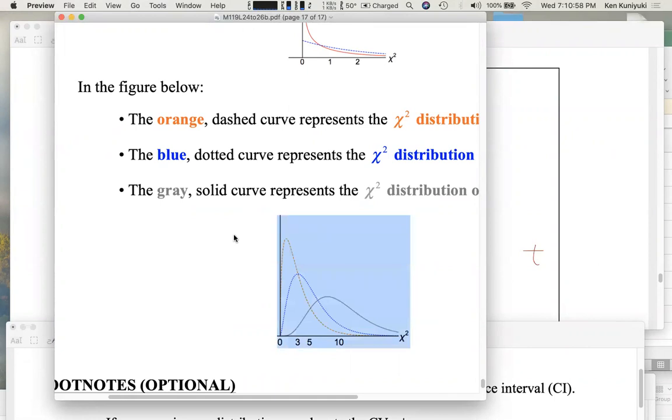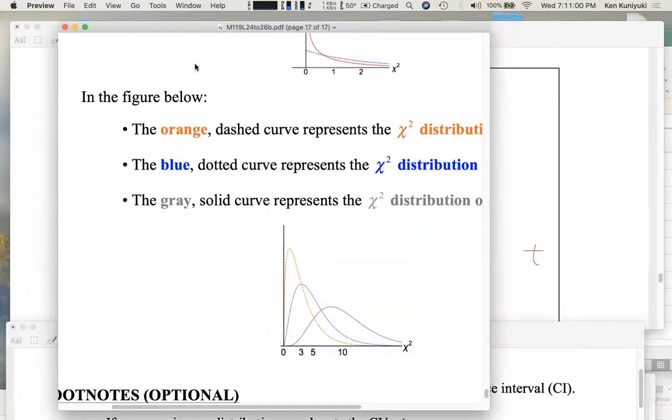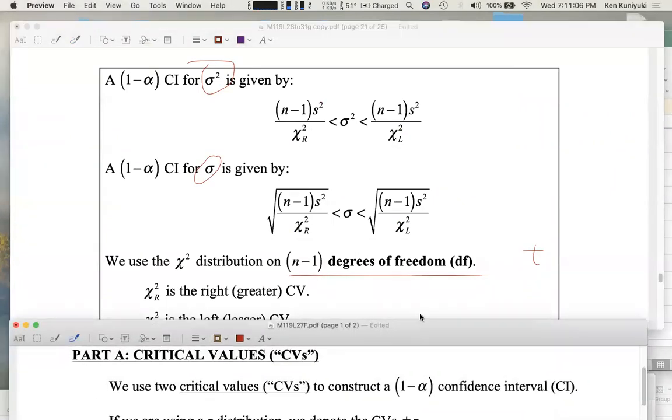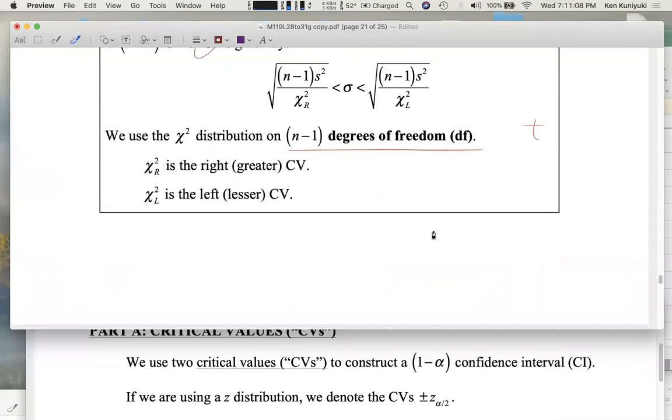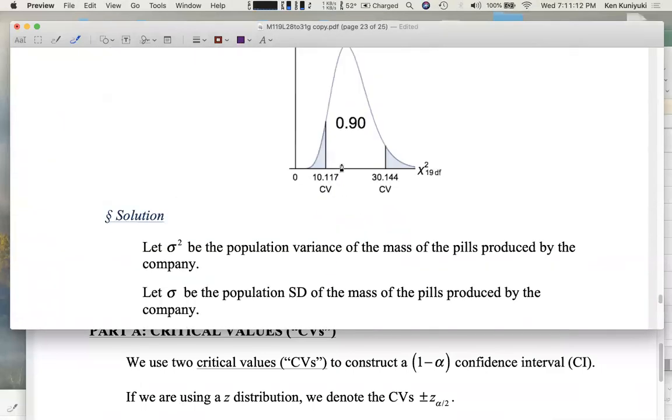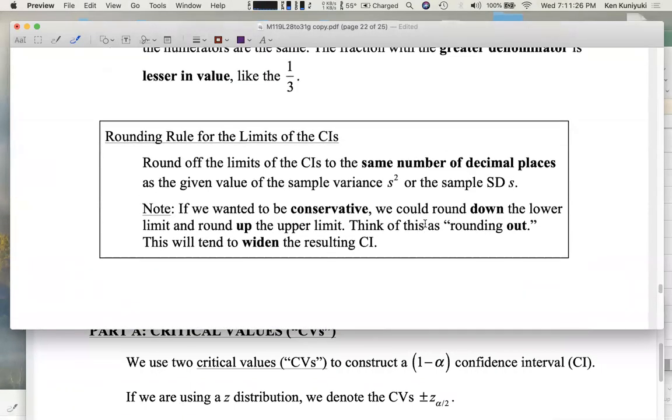So there's no plus or minus jazz. We do have a left critical value and a right critical value. Some comments. So for example, in our example over here, this will be chi-square L, the left critical value, and this will be chi-square R, the right critical value. All right, it's not plus or minus.